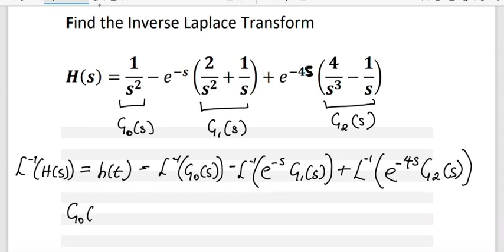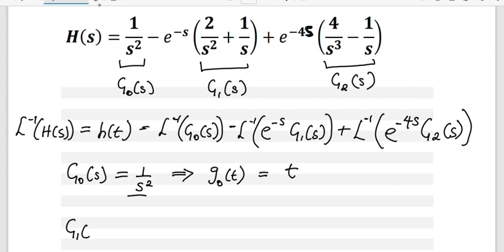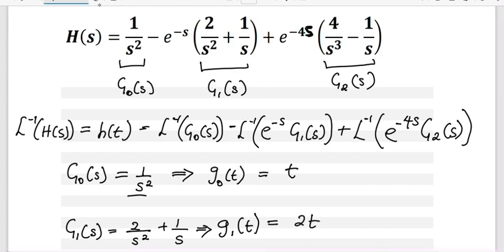G naught of s, which is 1 over s squared, simply implies that our g naught of t, which is the inverse of this, is simply t. G1 of s, which is 2 over s squared plus 1 over s, implies that our g1 of t will give us 2t plus 1.